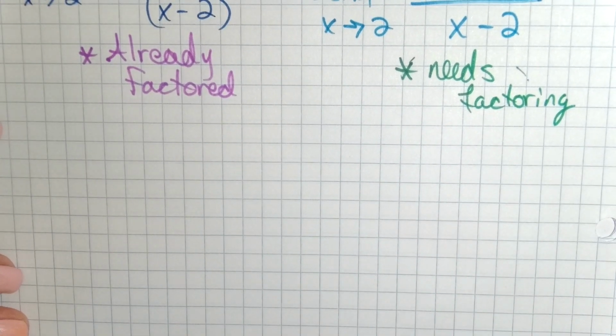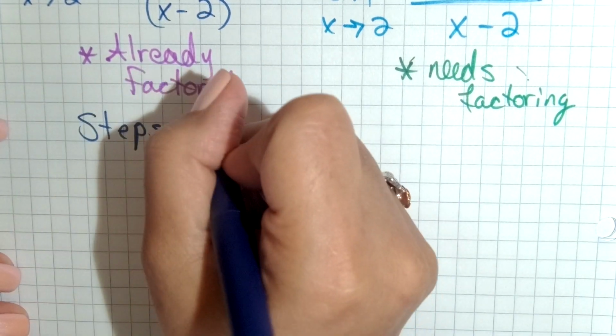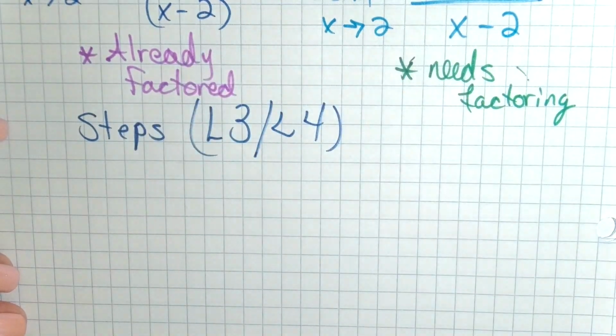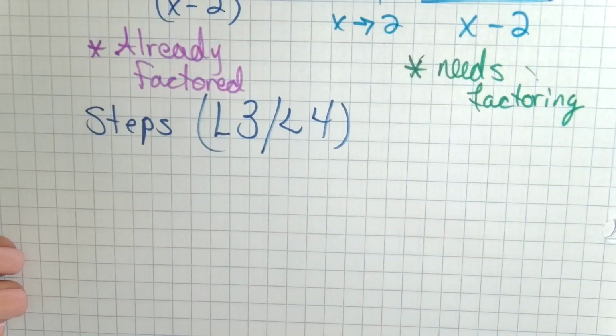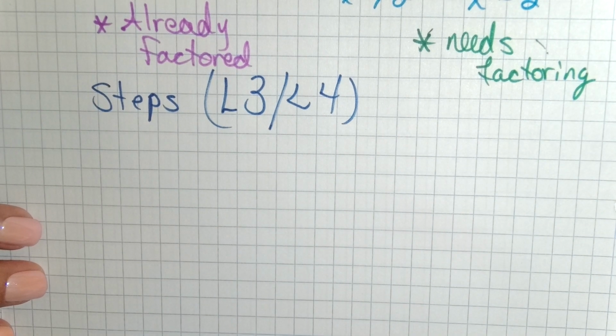Okay. All right, so here are some steps or guidelines for your level 3 and level 4, gentlemen. Last week when we were working with IXL, we were working with finding the greatest common factor. That greatest common factor can be a number or it can be a variable.